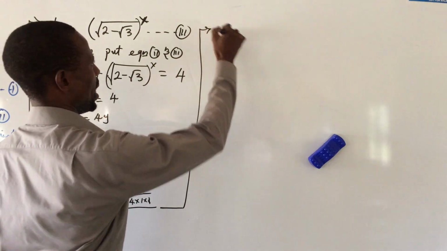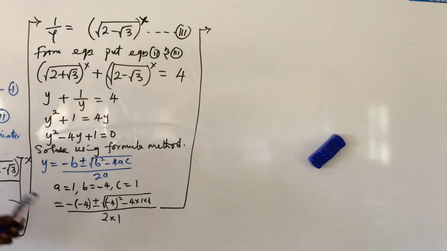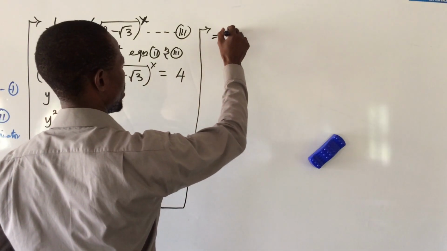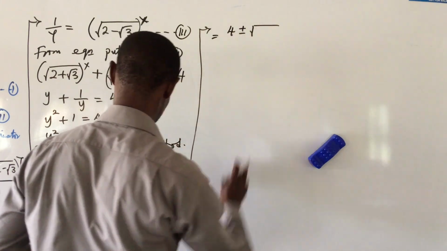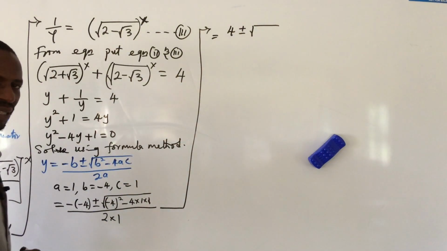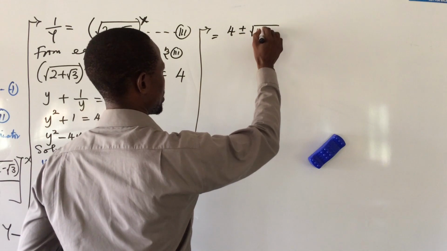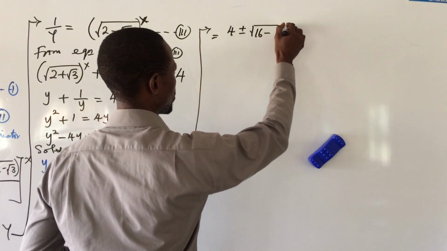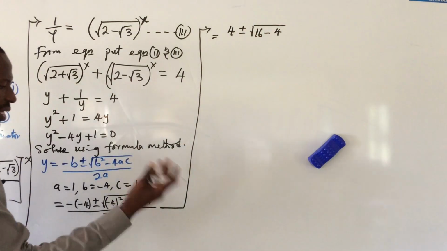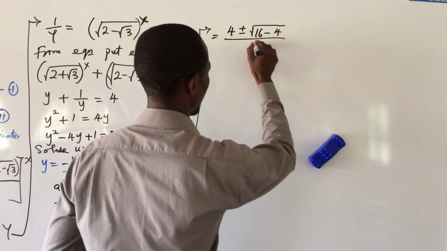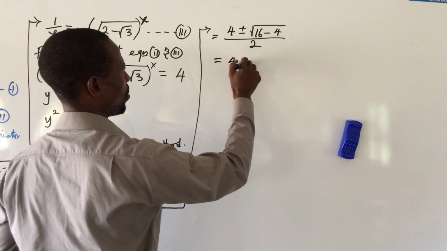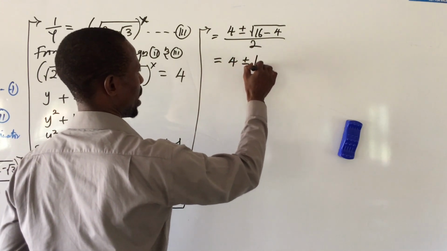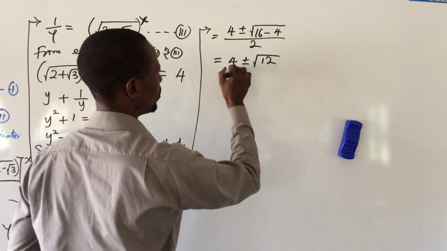So we proceed again from here. Take a look at this. Minus times minus will give us plus. So here we're going to have 4 plus or minus the square root. The square of minus 4 is positive 16 minus 4, because 4 times 1 times 1 will give us 4, all over 2.